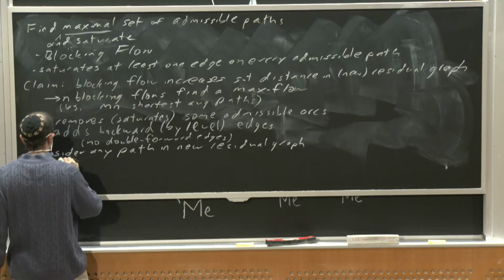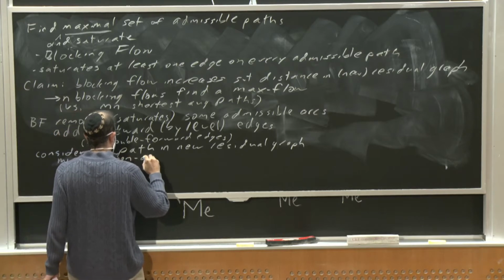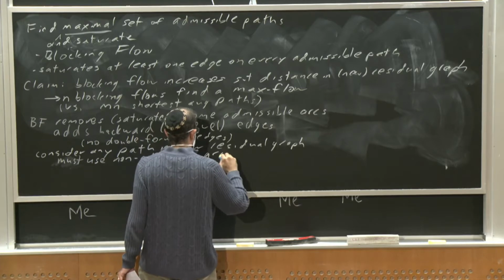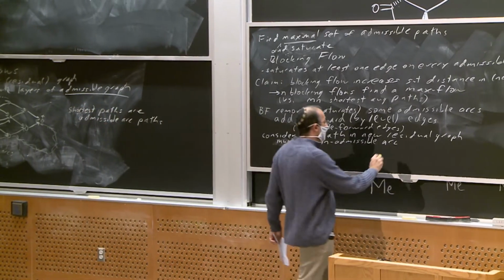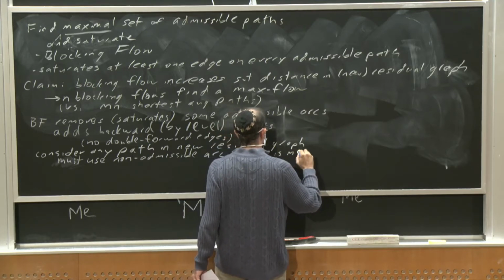What I can say is it must use at least one non-admissible arc. Why does it have to use a non-admissible arc? Exactly. So there is no path made up only of admissible arcs.